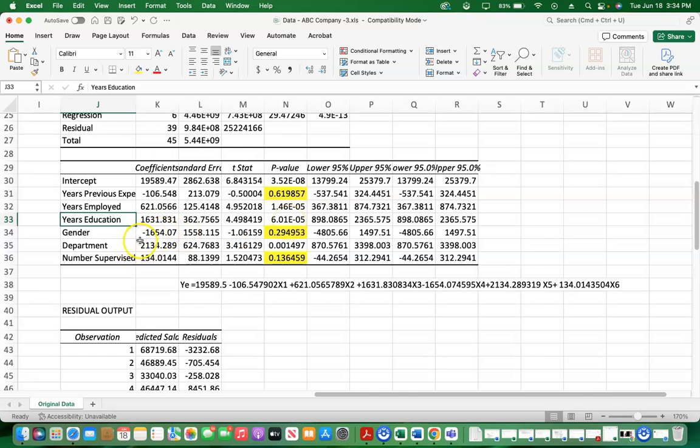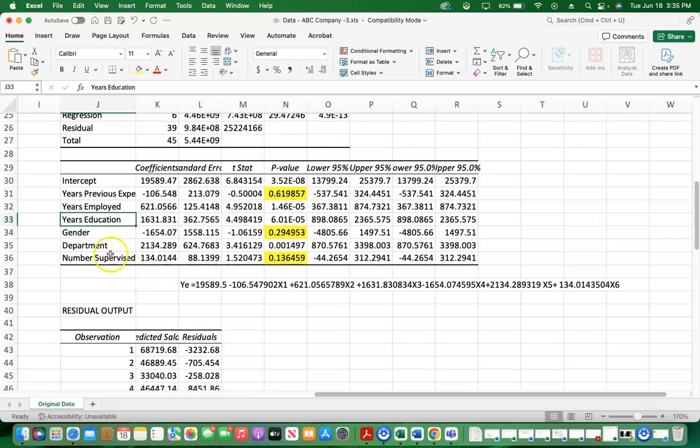Now here we have minus 1654.07. This is not significant, and it is because of the probability. And here we have 2134.29. This value by itself is significant only because of this probability value here. Now, this amount for number supervised is not significant, not because of the figure that we have, but because of the probability value that is here.